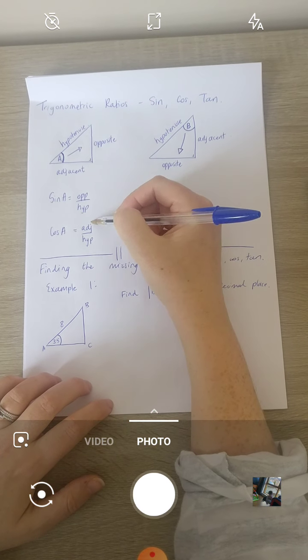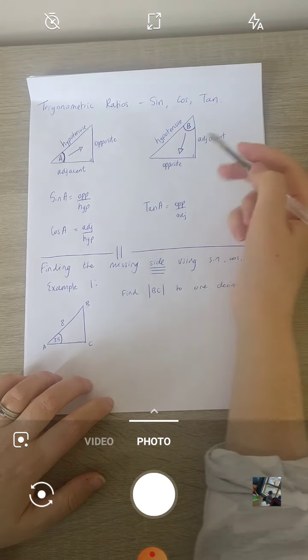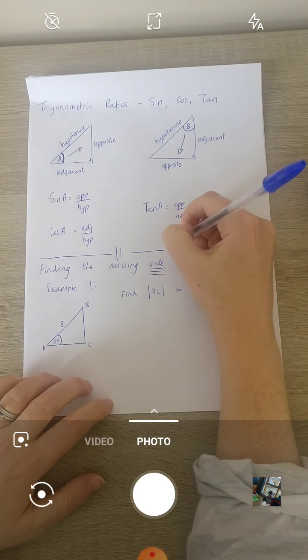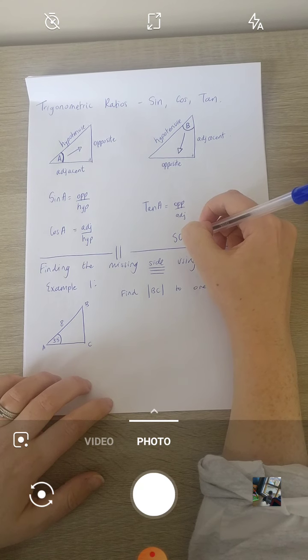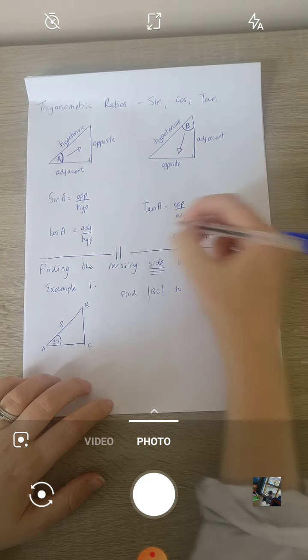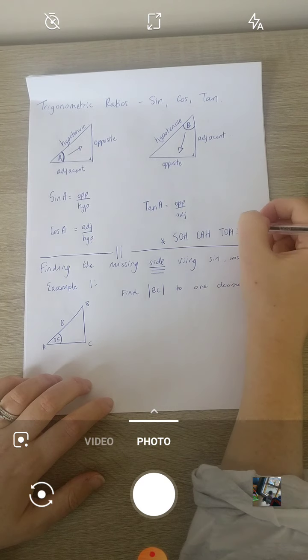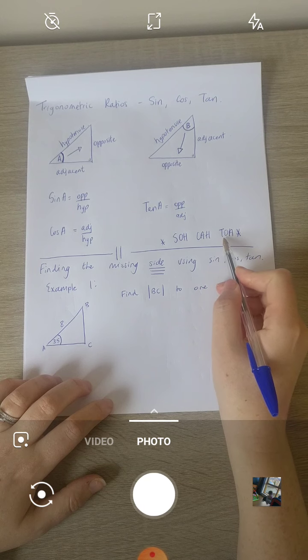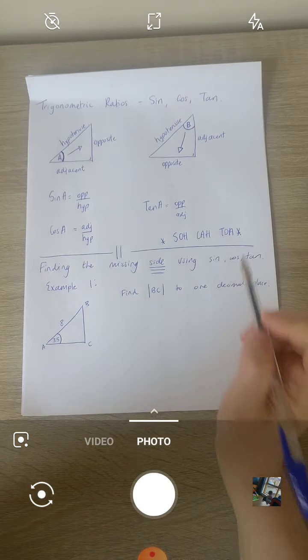Cos of the angle is when we have the adjacent and the hypotenuse in the question. And tan of the angle is when we have the opposite and the adjacent. So we say to the lads, SOH CAH TOA, to remember. Okay. So sine, opposite hypotenuse, cos, adjacent hypotenuse, tan, opposite adjacent.